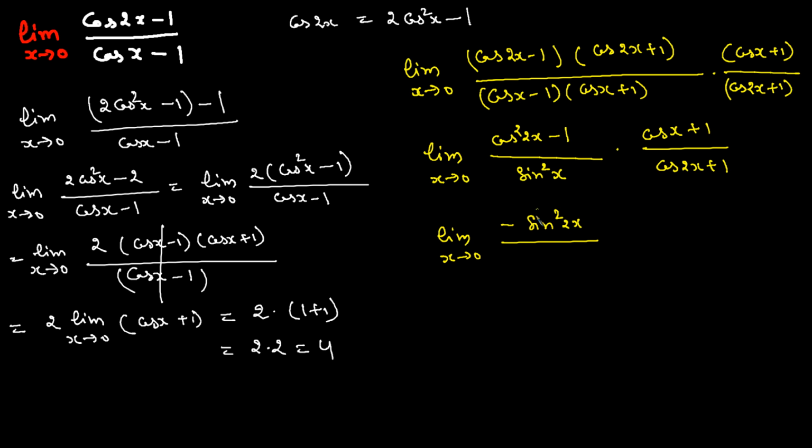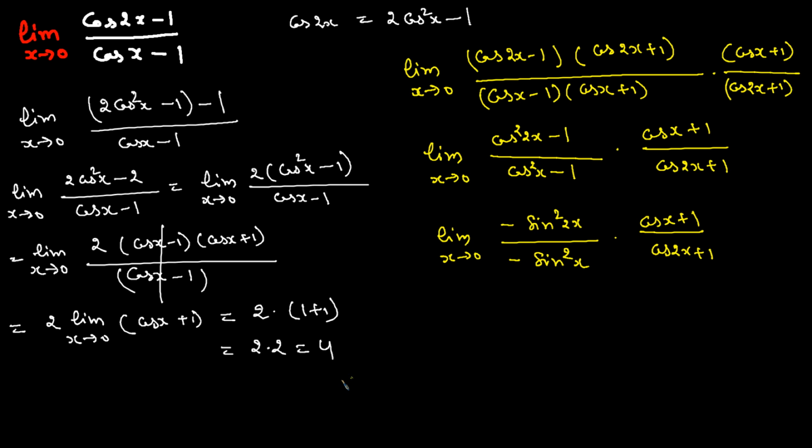Sorry, what did I do? I jumped one step forward. Okay, so this can be written as cos square x minus 1. So this can be written as minus sine square x, cos x plus 1 over cos 2x plus 1. And you know how I get this?